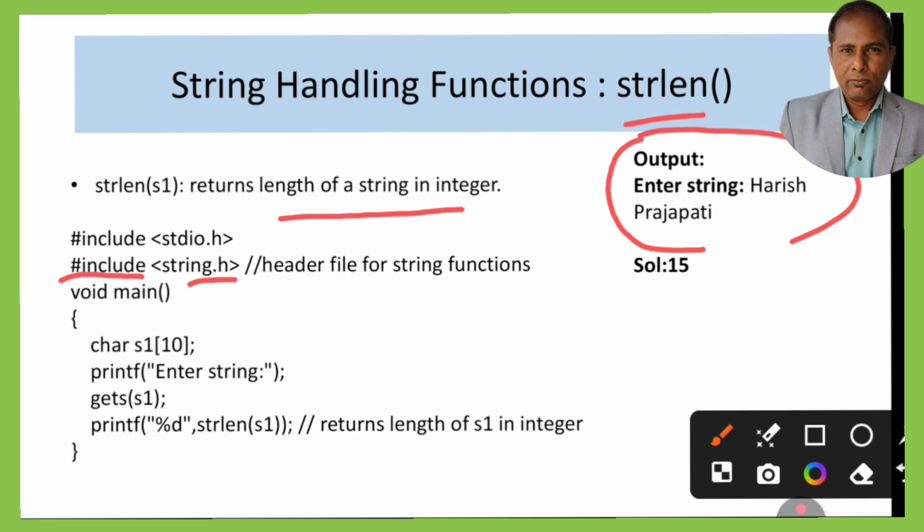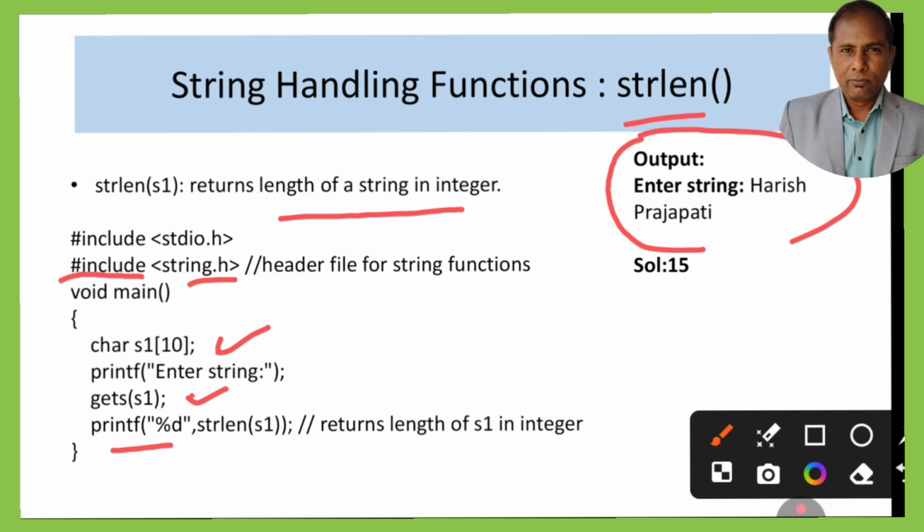In a similar program, we have one string s1. We ask the user to enter the string, and with the help of gets, we read the string. Now I am using printf %d strlen(s1). strlen returns the number of characters in the string, that is, the string length.